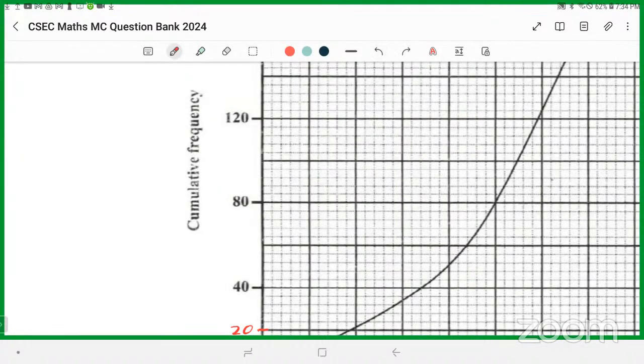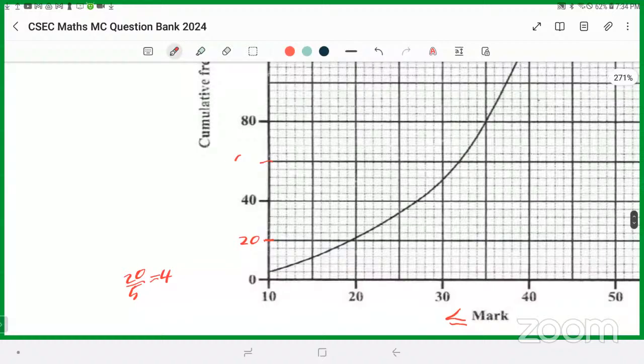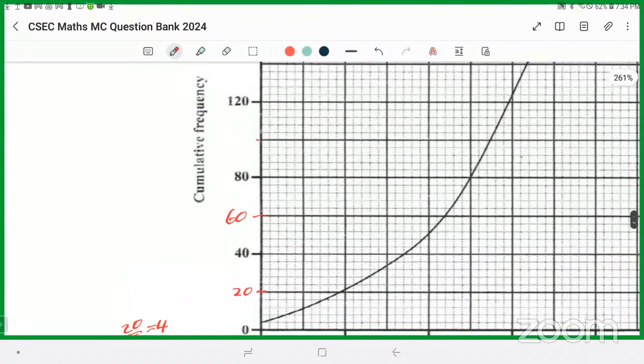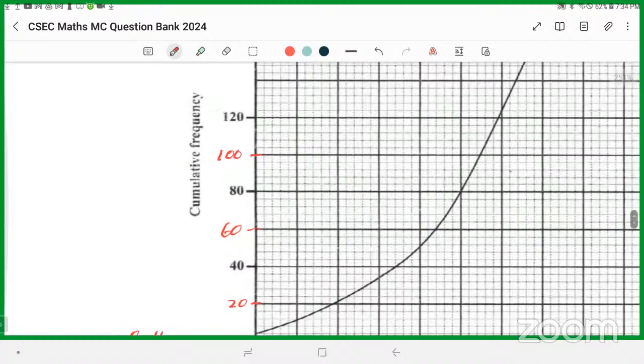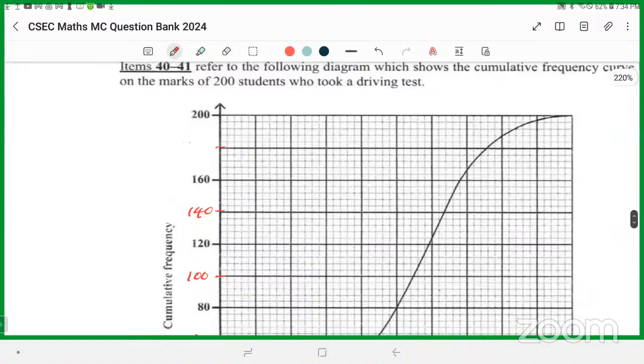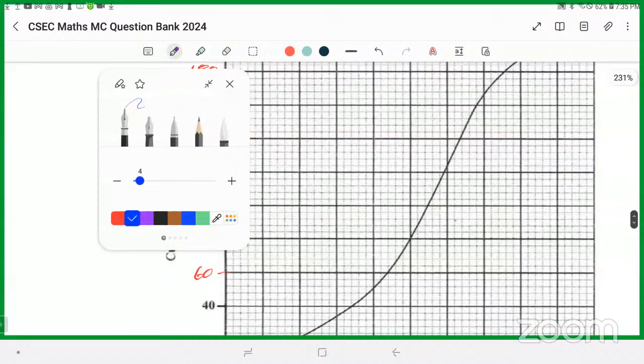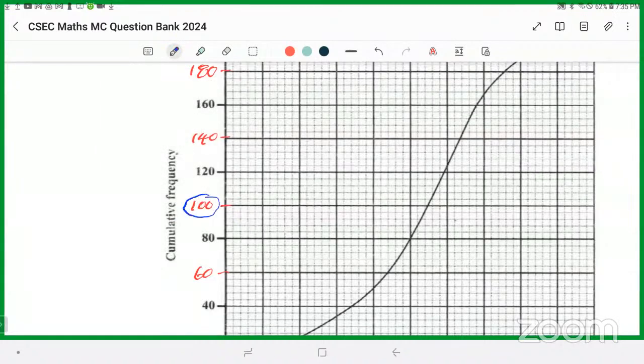Let's be careful now. 20, 40, 60, 80, 100, 120, 140, 160, 180. So this is the position of your median, the 100th student. It is the position, not the median itself, but just the position of your Q2, approximately. So you're going to come across on the graph.